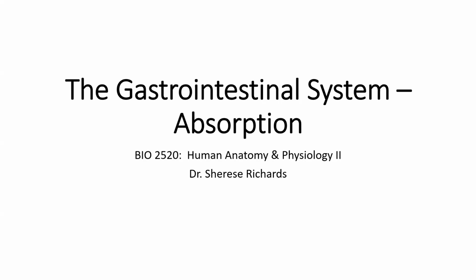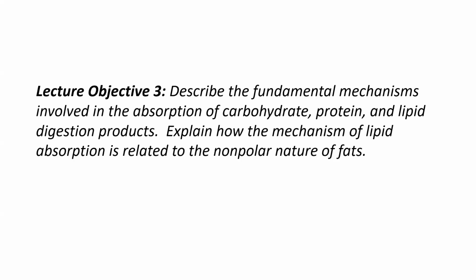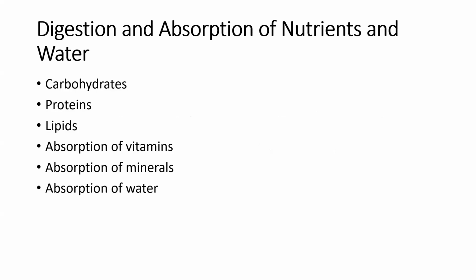Looking at absorption, we're going to look at each of the macromolecules that we have spoken about, carbohydrates, proteins, and lipids, and we're going to explain the exact mechanism of how these are absorbed. Starting off with carbohydrates. So these are all of the nutrients and molecules that we ingest through our diet. We've got carbohydrates.